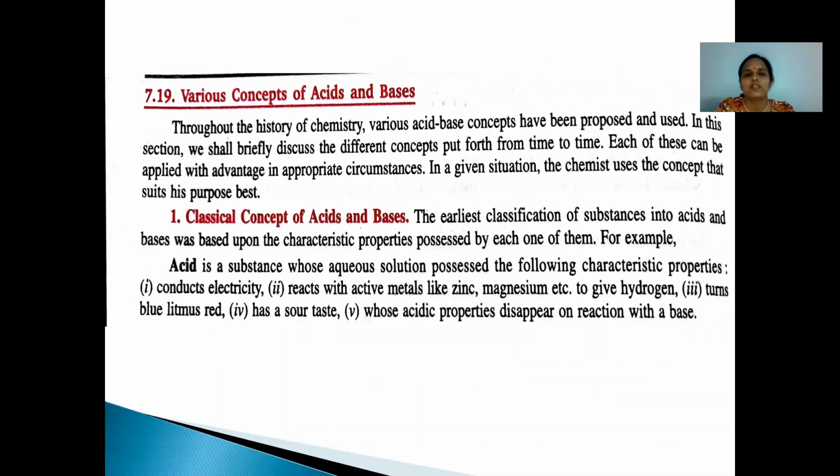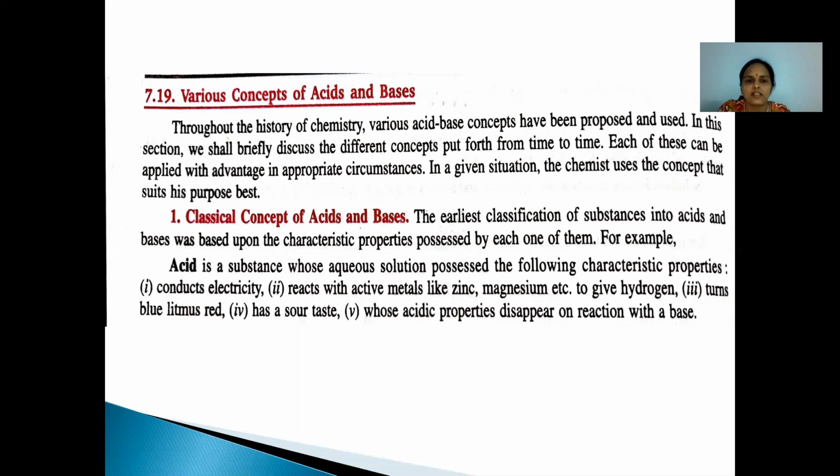Next, I come to the next concept, which involves various concepts of acids and bases. The first concept of acids and bases, which you are all well aware of, is the classical concept. According to the classical concept, an acid is a substance whose aqueous solution possesses the following characteristic properties.